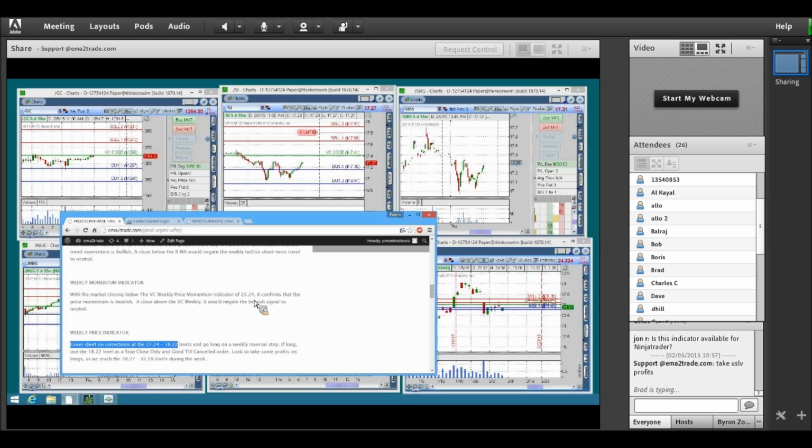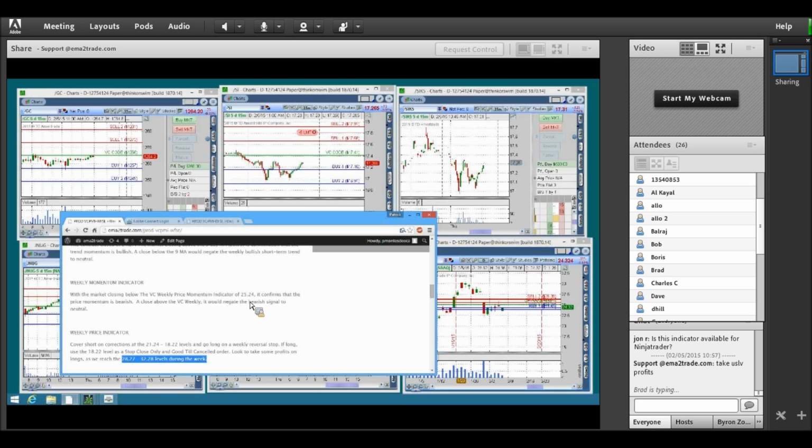And here you can initiate a swing trade position with a target of 28.27 to 32.28 during the week. The market right now is at 24.32. We're looking for a close above 25.24 to activate the weekly swing trade uptrend, at which point, once again, the target's at 28.27 to 32.28.